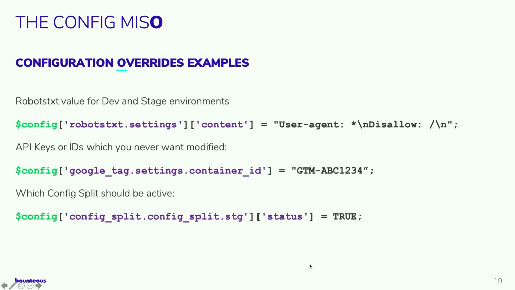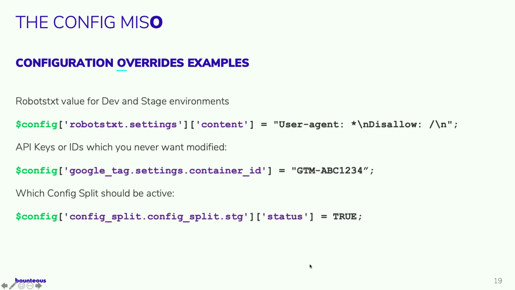So some examples there. If we're on dev or staging, we might want the robots.txt settings to just disallow everything, so that if a bot finds one of your lower environments, it's not getting indexed. If you have API keys or IDs which you don't want modified, you could put those as a config override.